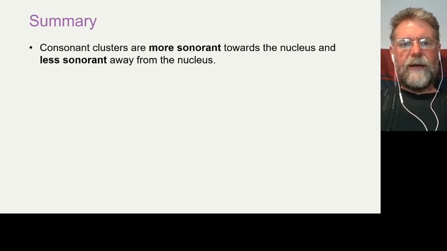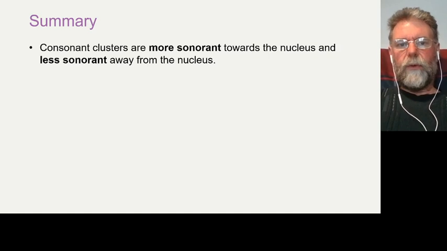Okay, quickly then, to summarize what we've said. Consonant clusters tend to be more sonorant towards the nucleus and less sonorant as you move away from the nucleus, and that seems to be the major restriction on what we allow in consonant clusters in both onsets and codas.